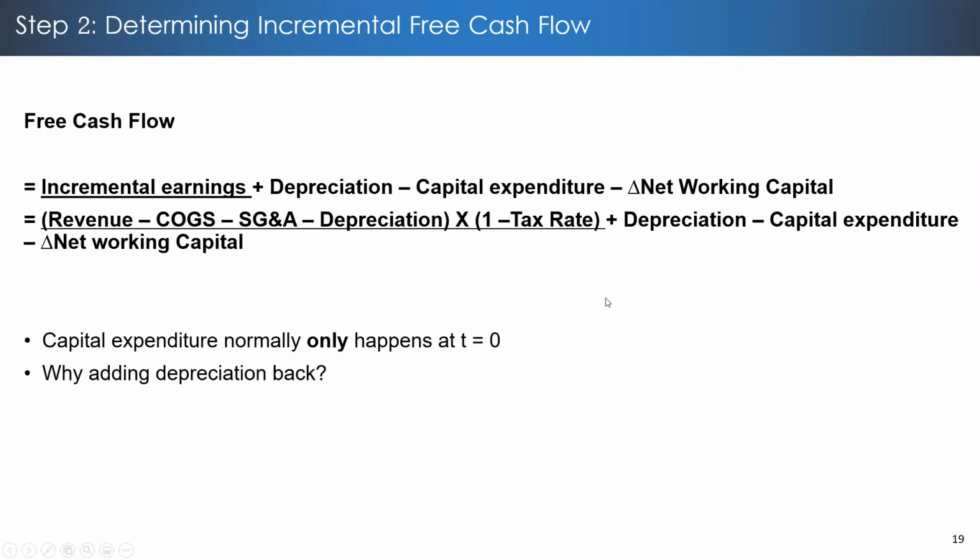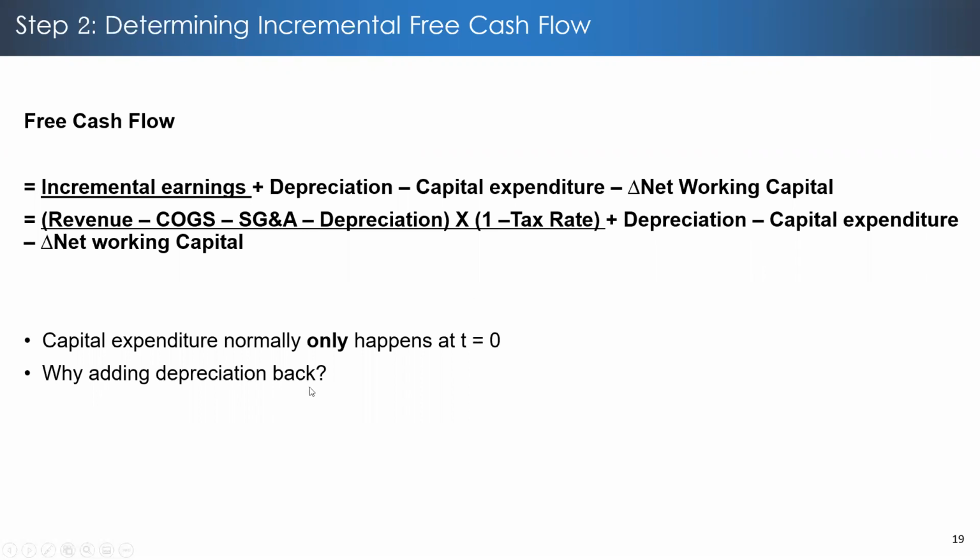So in the problems that you're going to receive to work on from this class, you can assume that the change in net working capital is always zero. But it does not mean that this is not important. It's just for simplicity. We're going to assume it's zero throughout the process.